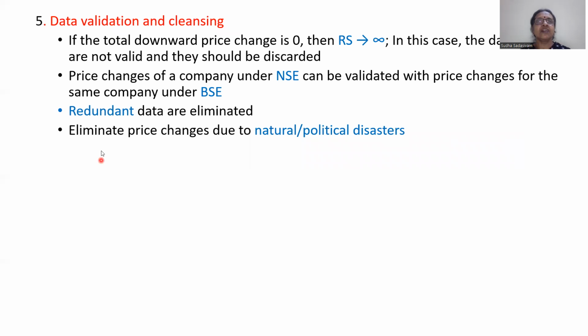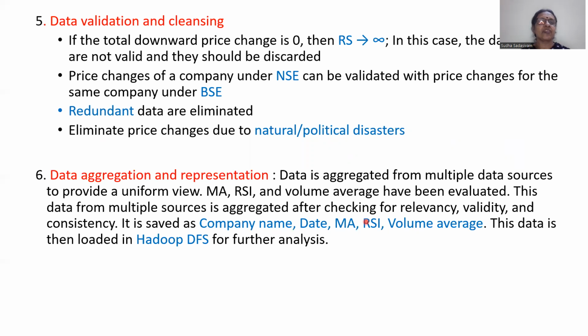Similarly, spikes in the stock prices based on some natural or political disasters have to be eliminated so that stock prices can be identified or the modeling can be done correctly. So this is the purpose of data validation and cleansing phase.